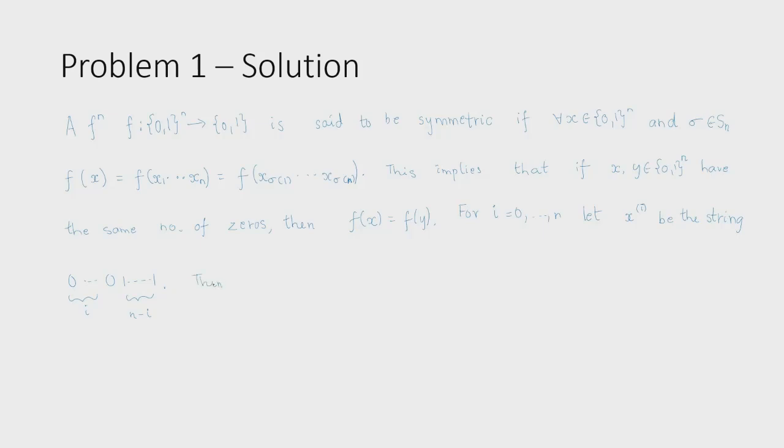Then f is completely determined by its values at f(x0) to f(xn).